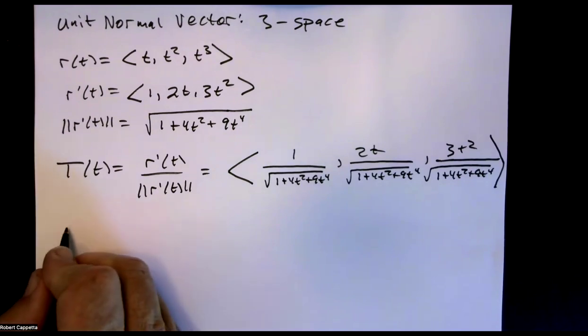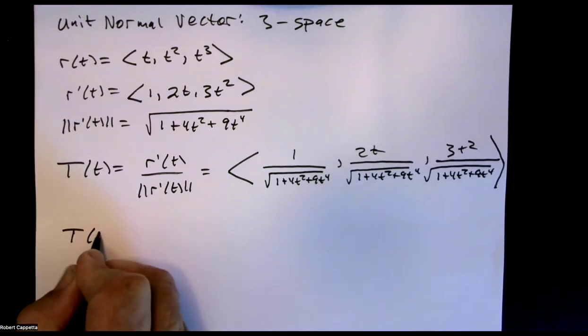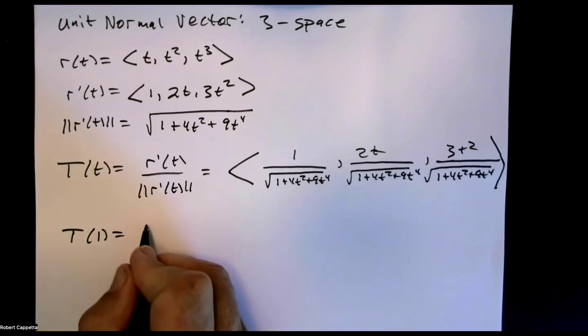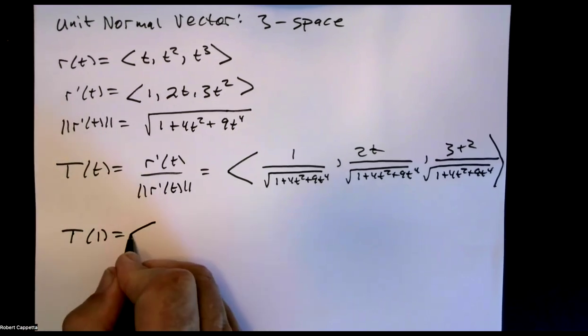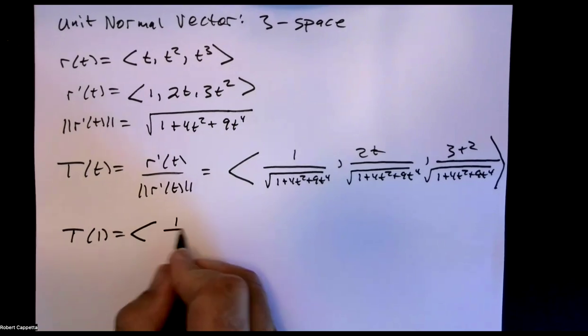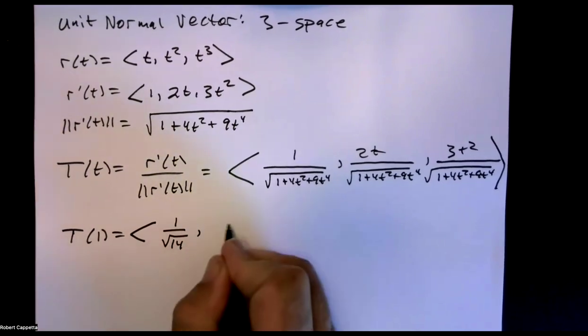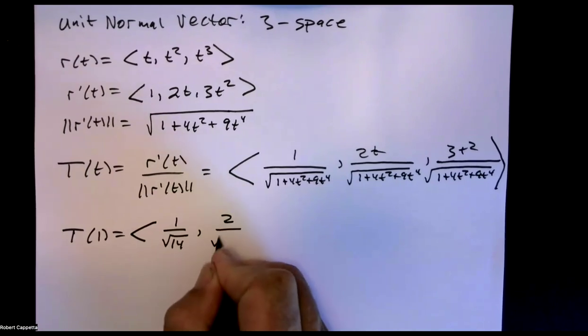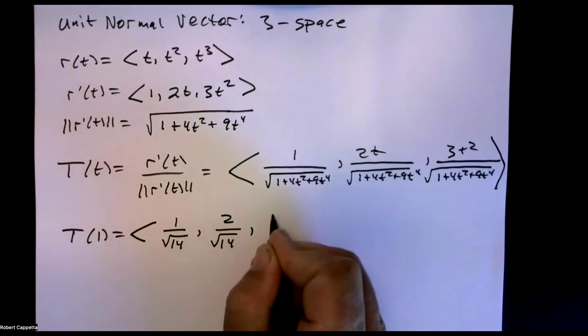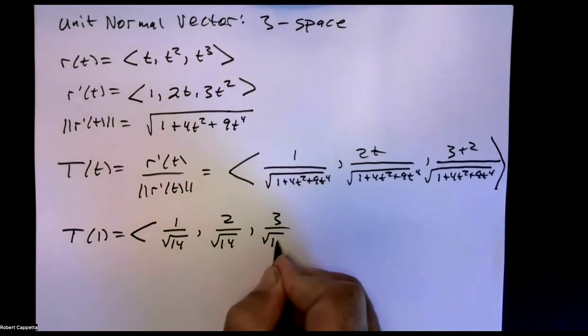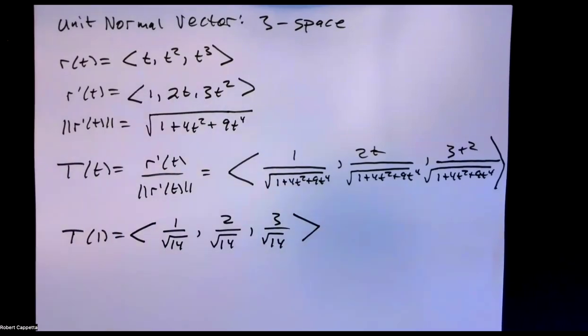And while we're at it, let's go ahead and find T of 1. What is T of 1? 1 over root 14, 2 over root 14, 3 over root 14. So this isn't so bad.